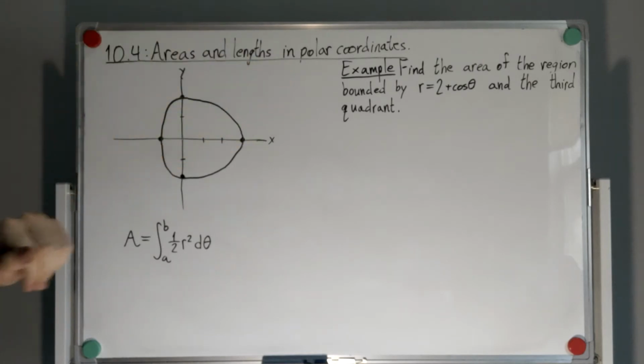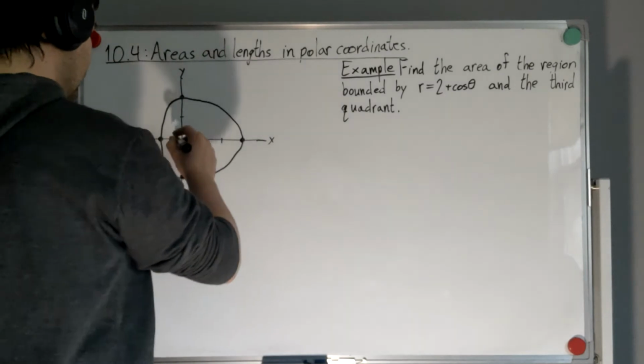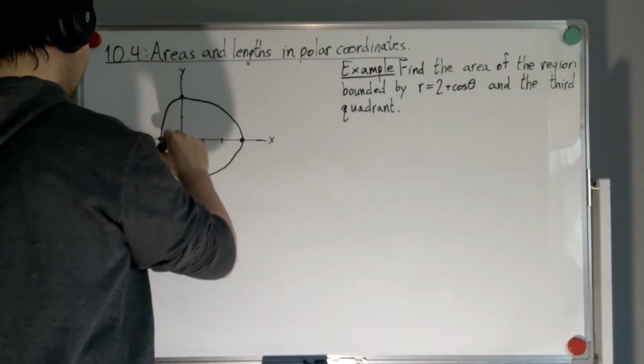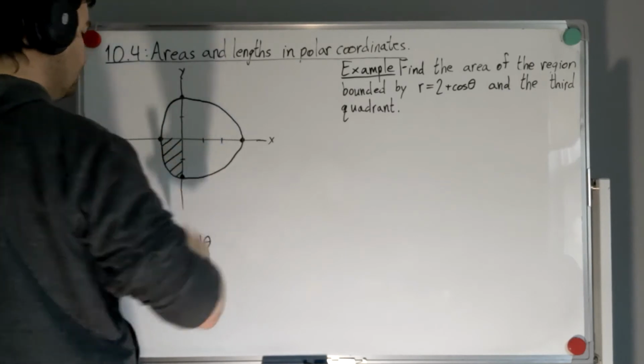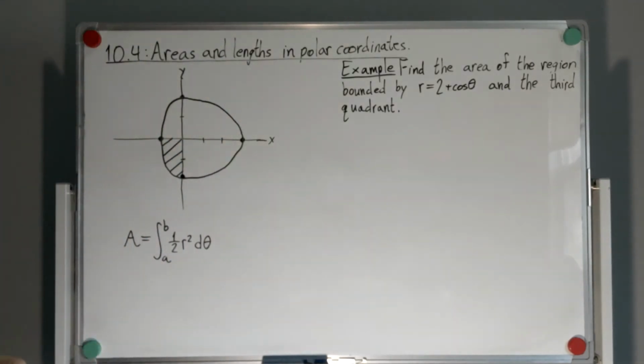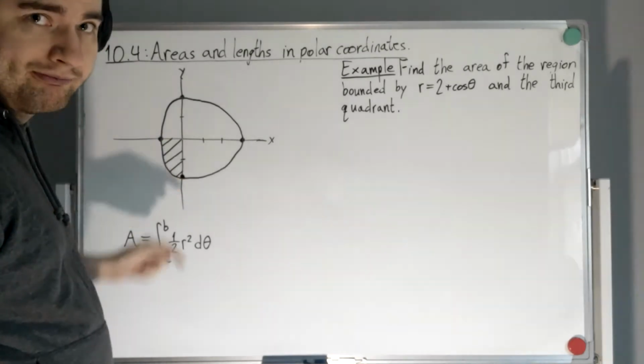All that we're concerned with is finding the region in the third quadrant that's bounded by this curve. So that would be this region right here. Now, that region right there can be understood as where theta is between pi and 3 pi over 2.